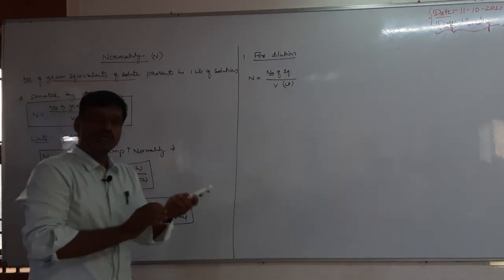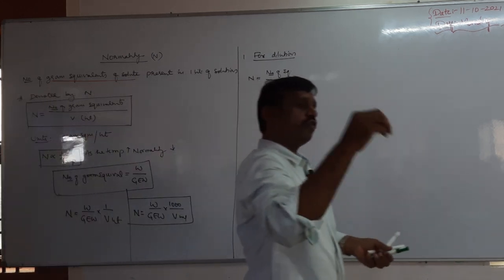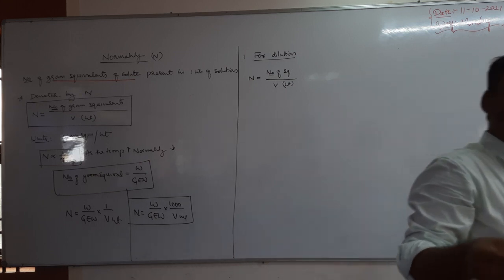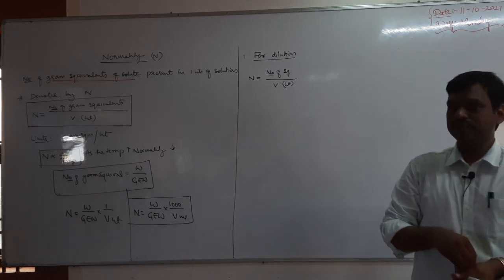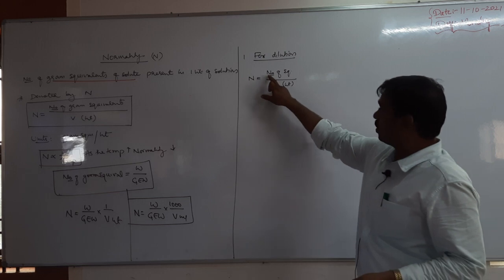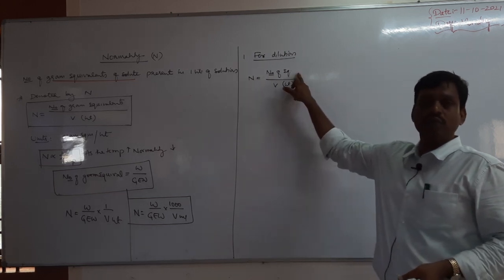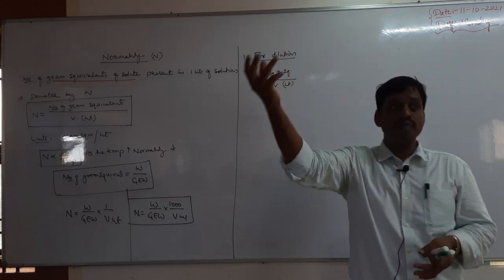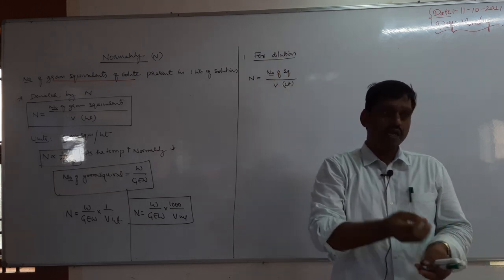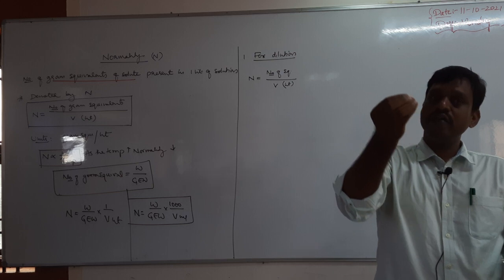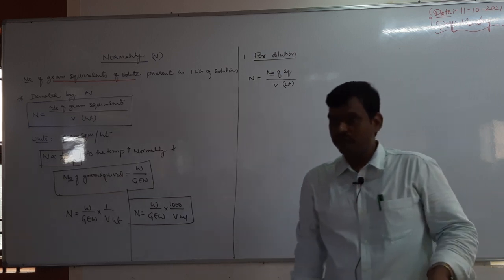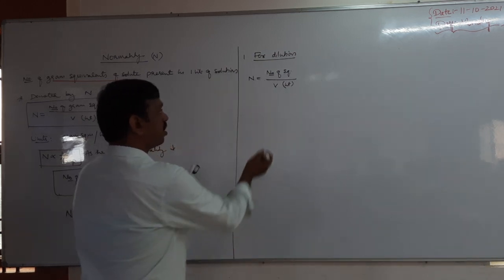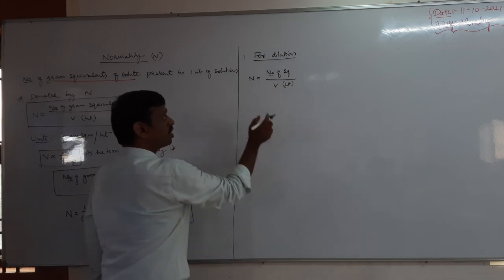Then, what is the meaning of dilution? Addition of water. When water is added to any concentrated solution, does the number of gram equivalents change? No. Number of gram equivalents does not change, similar to the number of moles. Number of moles does not change when water is added. Therefore, similarly here also the number of gram equivalents will be the same.